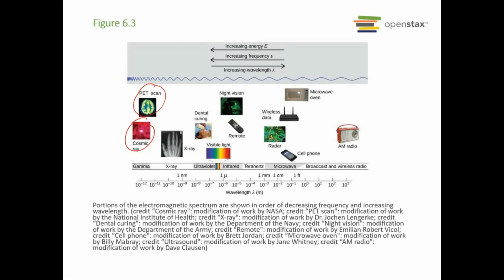We get to X-rays. Most of us have had an X-ray done at least one time. And then the ultraviolet range, an example is dental curing. So if you've had a filling or a crown and they do a light cure, it's using ultraviolet light to cause the filling material to actually harden.